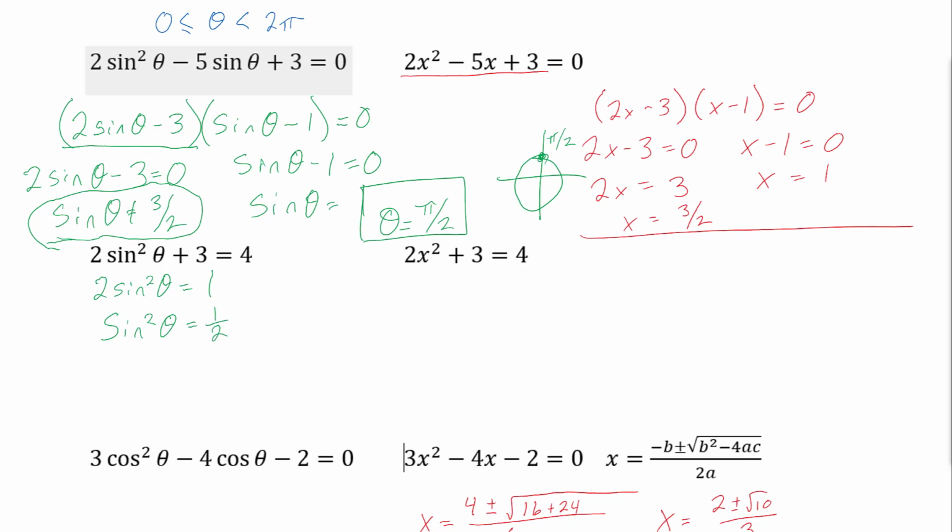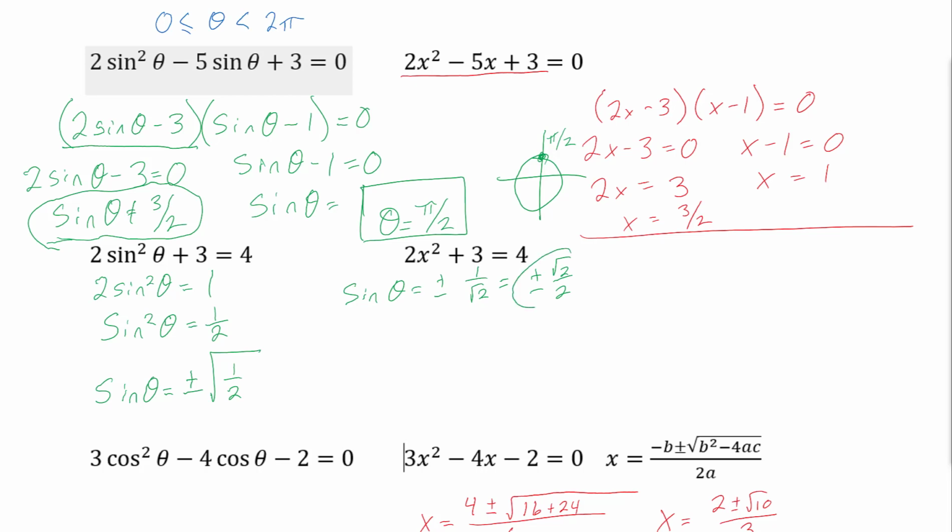Now we use our square root property, and that tells us if we have something squared equals something else, then the thing that's being squared, the sine theta, is going to equal either positive or negative square root of 1/2. Now the square root of 1/2, it may not be obvious, is the same as 1 over the square root of 2, but that's the same as the square root of 2 over 2.